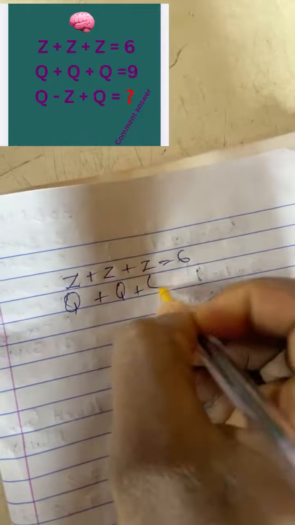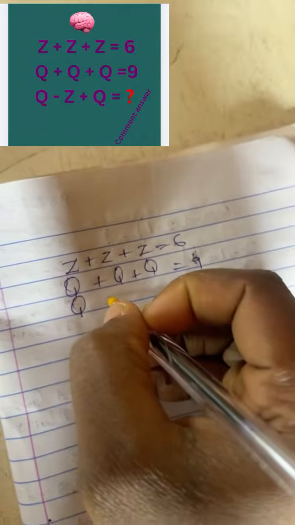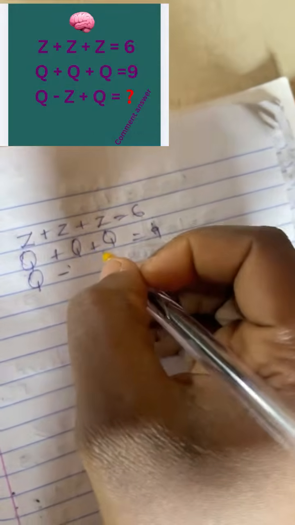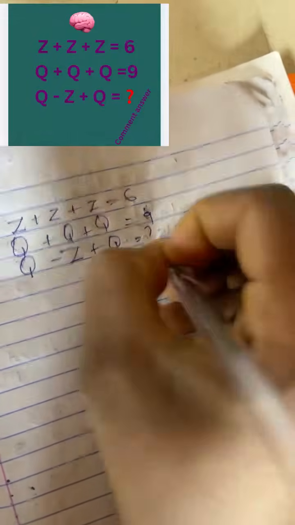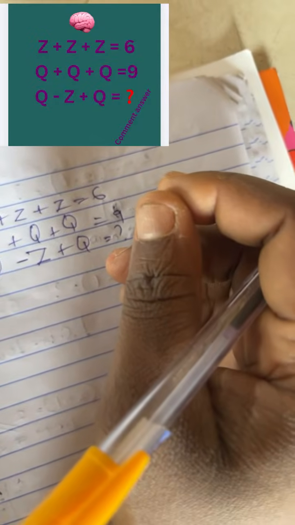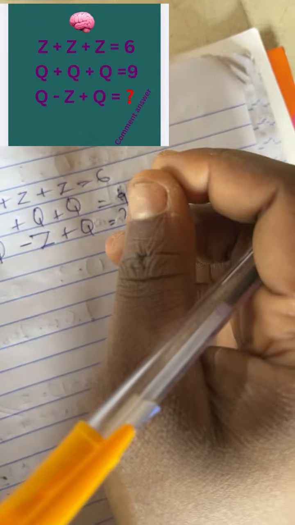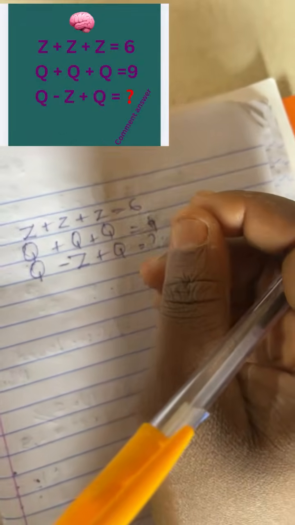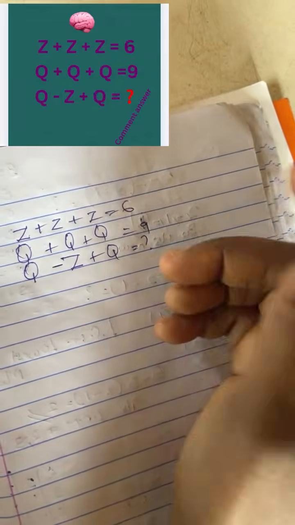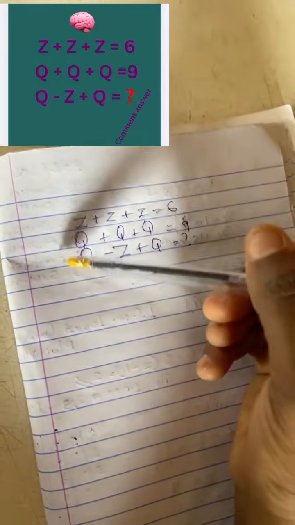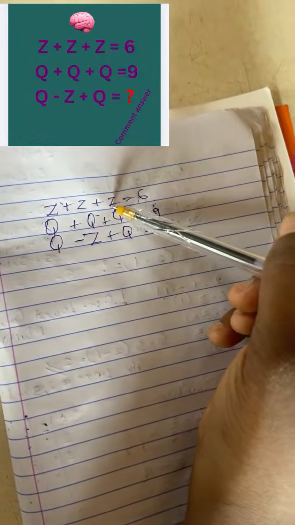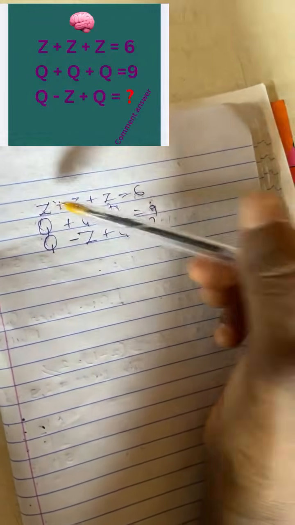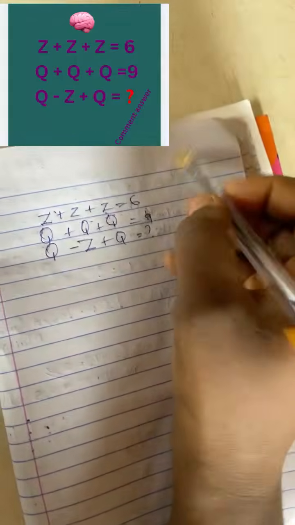Q plus Q plus Q is 9. Q minus Z equals. So the answer is Z plus Z, 6 divided by 2 is 6, right? So Z is what?